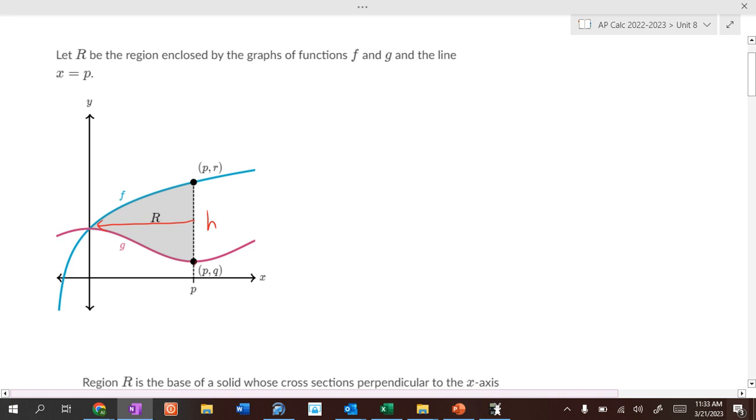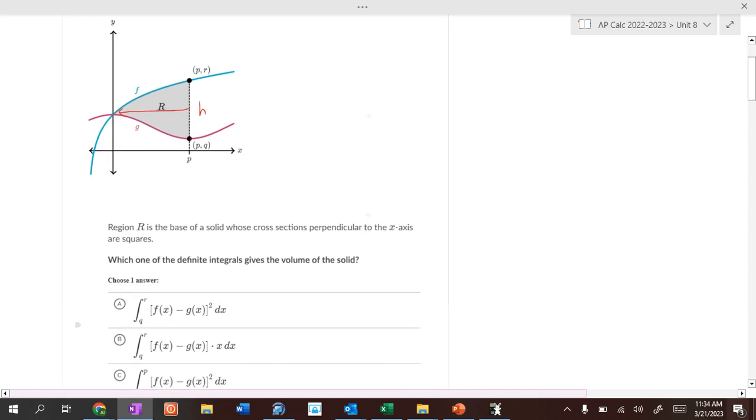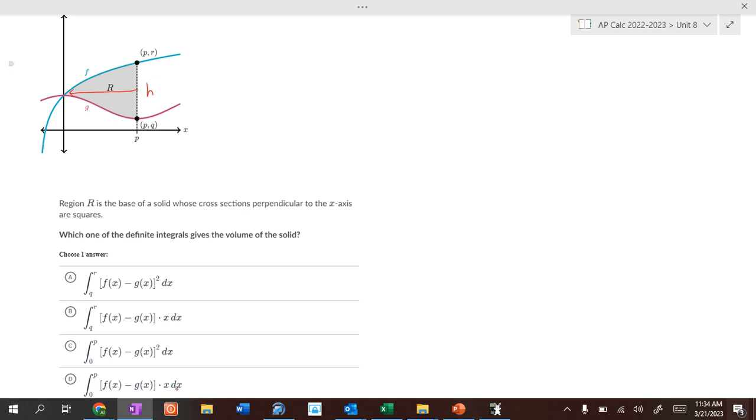And so what we have to do is work with integrals. So we have to take the top minus the bottom. And our squares are going to be perpendicular to the x-axis, so like I drew them here. They're going to be this way. Here's a square, here's a square, here's a square, here's a square, 3D wise, and so on. So these are all squares.